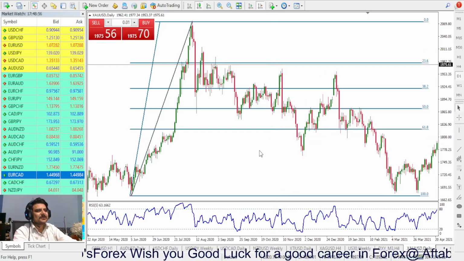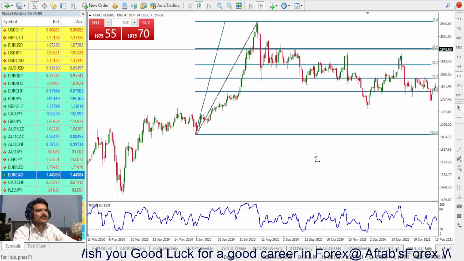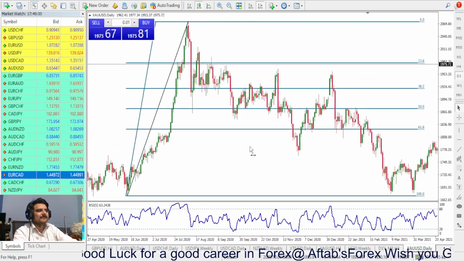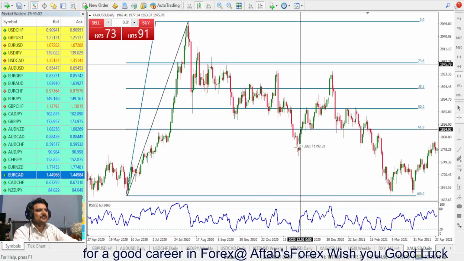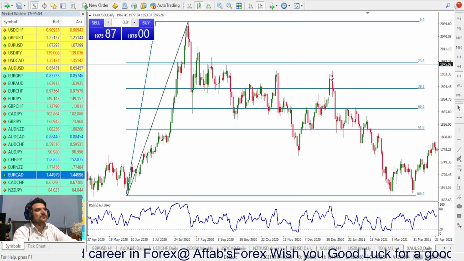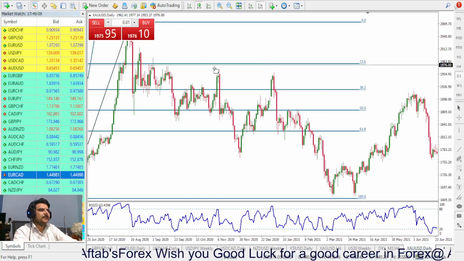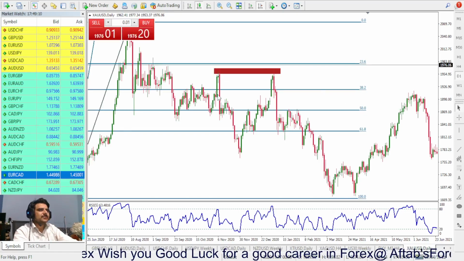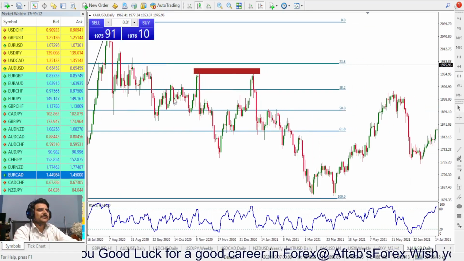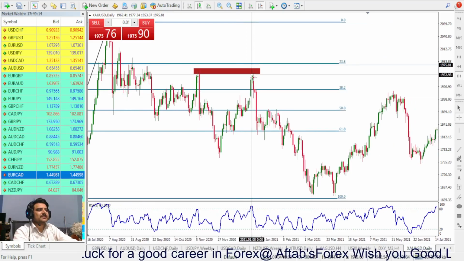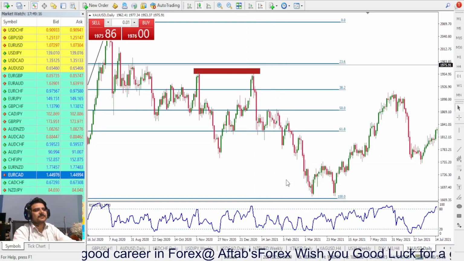This was the 61.8. See, a little bit of drawdown and a boom. And the market finally got a similar structure, a similar structure and a sudden drop.